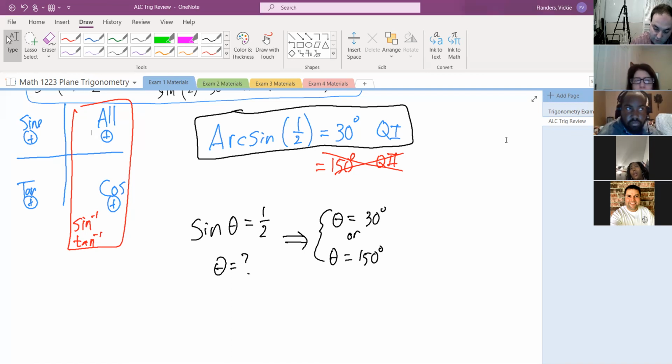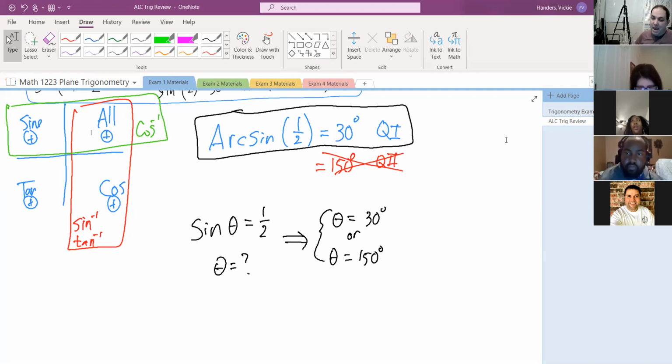And inverse cosine uses quadrants 1 and 2. Typically, we only run into the inverses of the three main ones, the sine, cosine, and tangent inverse. So these are the only ones that you truly have to mess with. Notice quadrant 3 is typically not even used in these kinds of solutions. But it is important to remember this. So basically, what am I saying when I write these out?